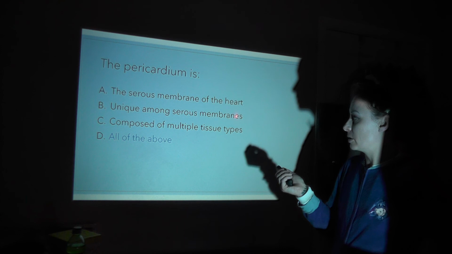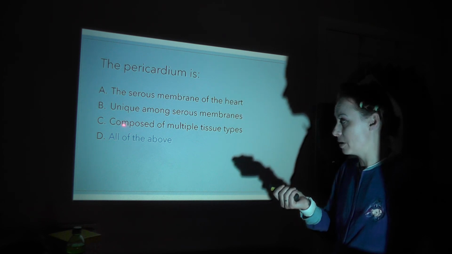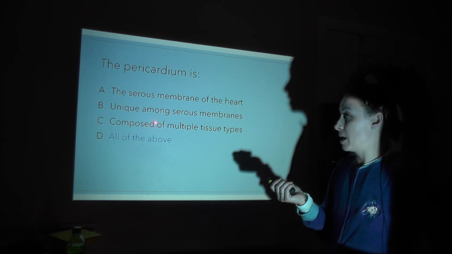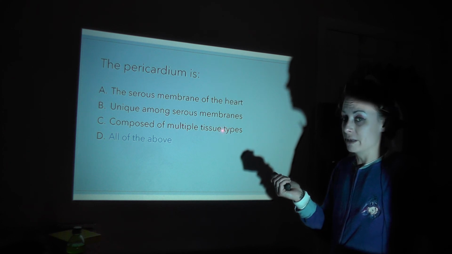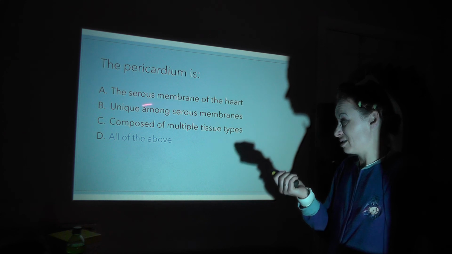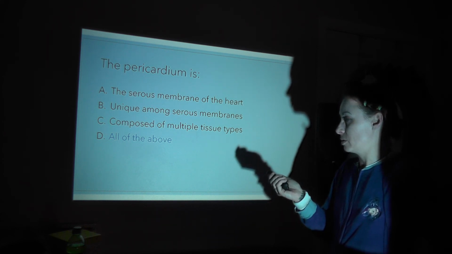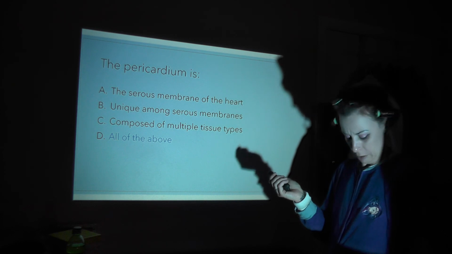It's unique among serous membranes because it's got fibrous connective tissue on the outside, in the fibrous pericardium, that dense connective tissue. And that would make it multiple tissue types because the inner type, which is what normal serous membranes have, is just two different layers of simple squamous epithelial tissue.